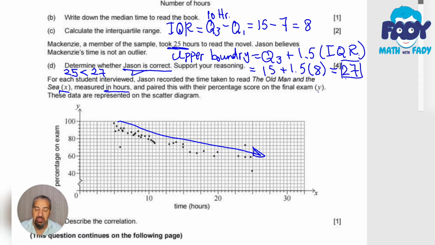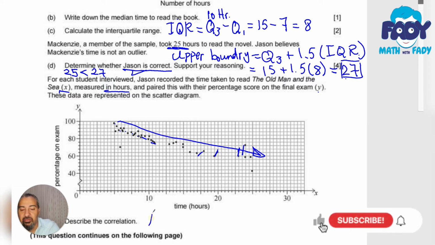Some dots are very close to each other, but there are also gaps between the dots, so we cannot identify clearly whether it's weak or strong. All we need to write here is negative correlation.